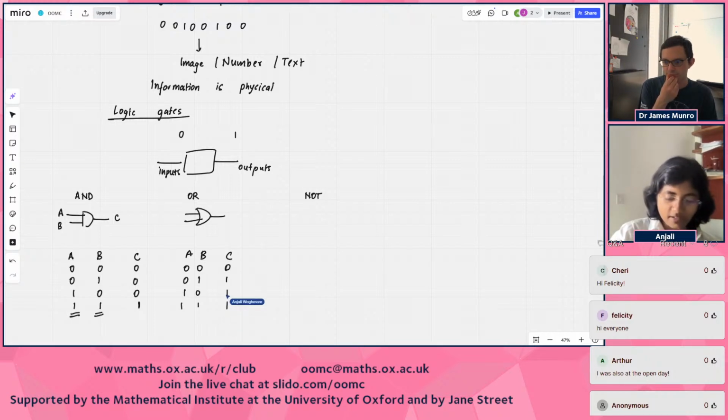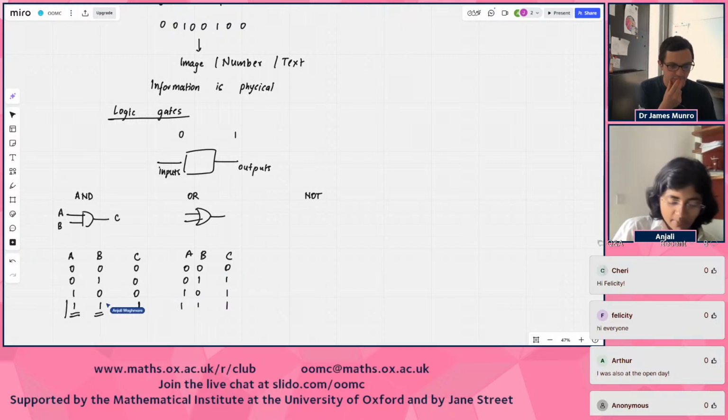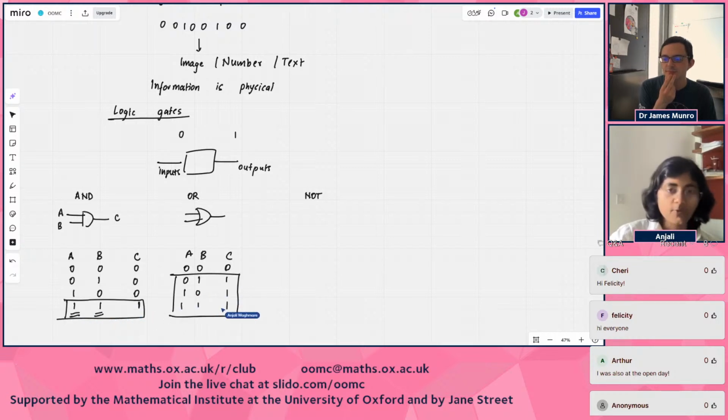In the first case, you need both A and B to be 1. In the OR gate case, you need either A or B to be 1 to get the output 1.